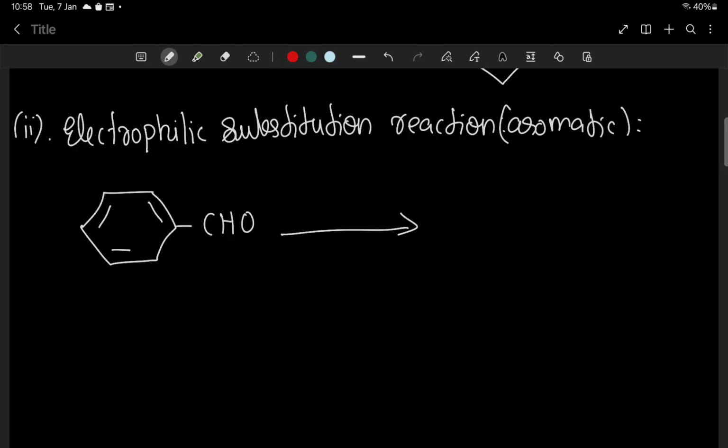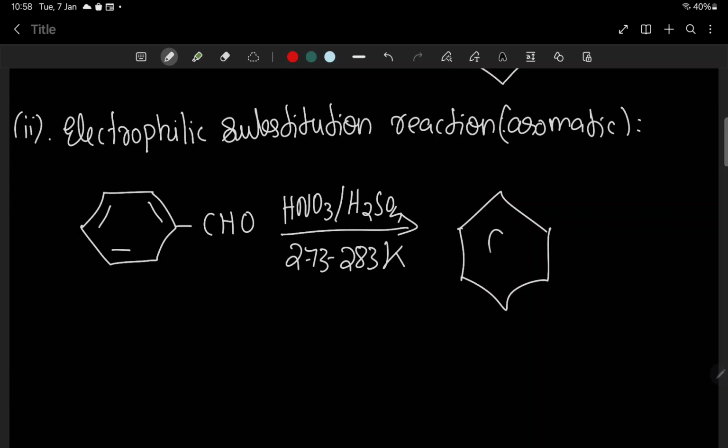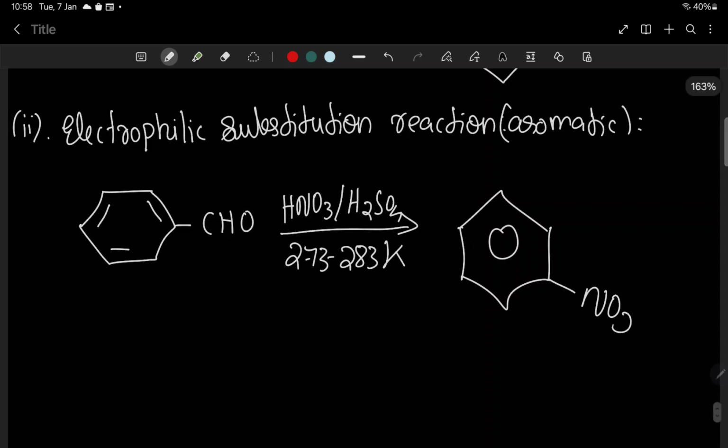Here we are only going to learn one electrophilic substitution reaction, that is nitration, HNO3 and H2SO4. And where does NO2 go and attach? Para position is the major product? No, it goes and attaches at the meta position, because benzaldehyde is a meta-directing deactivating group. Okay, so meta position, this is the product.